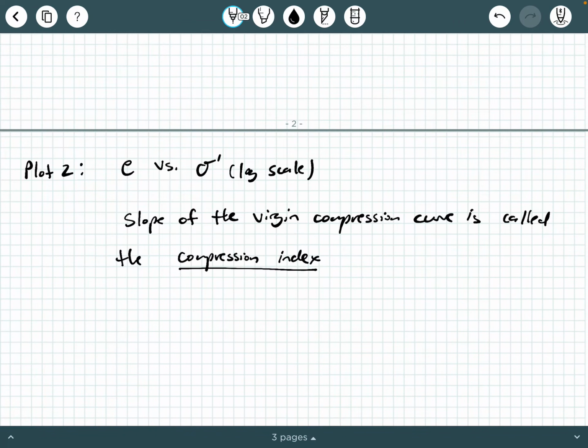And this is, again, what you're familiar with. We call this C sub C, okay? So this is the slope of the, I'm not going to call it linear, I'll say, you know, straight portion of the curve.